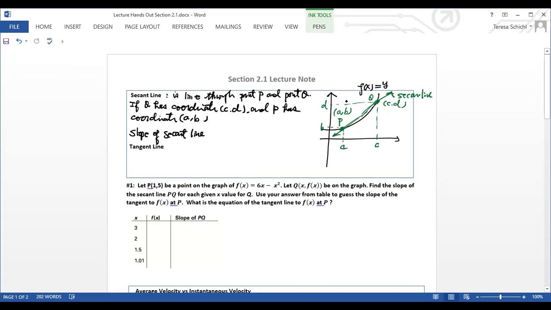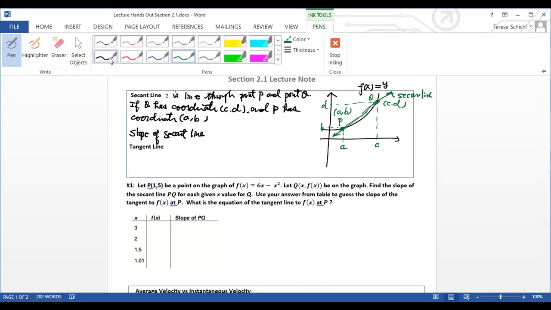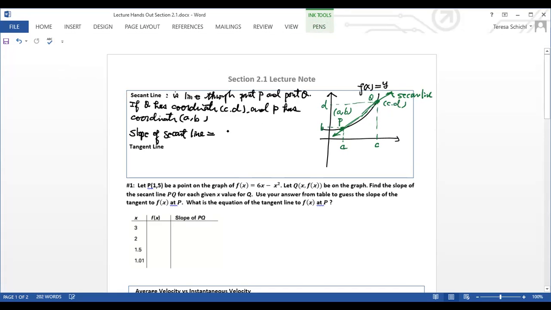To find the slope of this secant line, we know the slope is rise over run. The rise goes from b to d, so the rise over run is d minus b over c minus a. This is how we define the slope of the secant line.